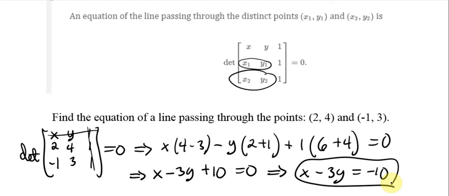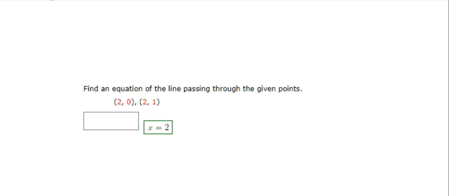Now, here's a problem from your homework. I put that in here. It was kind of simple, kind of lame, so that's why I put this other problem there. So let's look at this next one. Find the equation of the line passing through the given points. So we use that determinant.